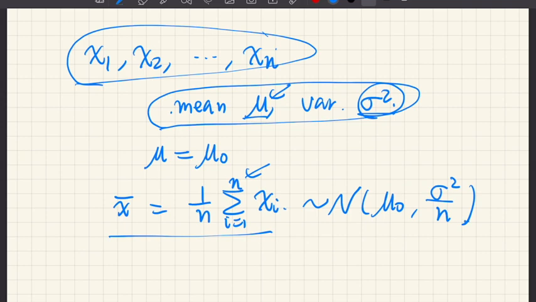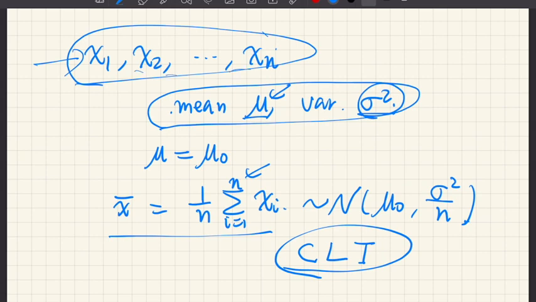This was according to the central limit theorem. So we are not assuming any distribution for each of these samples, but when the number of samples is large enough, then x bar will follow this normal distribution. That's the result of the central limit theorem.